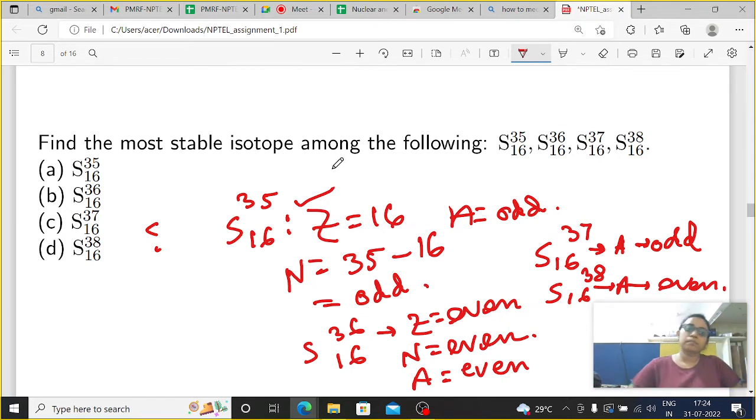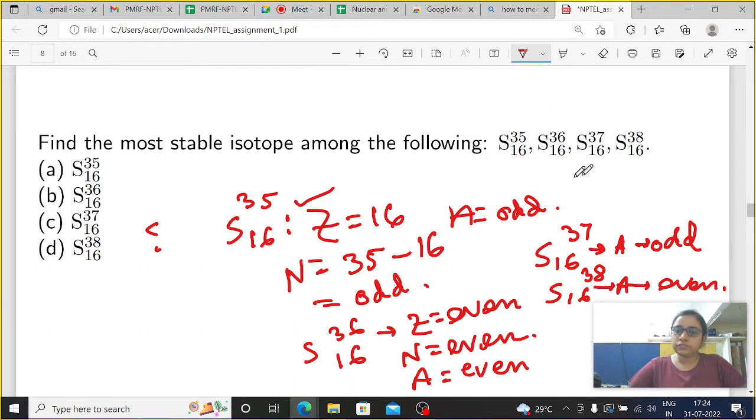So basically what will be the most stable isotope among these 4? It can be understood by the calculation, by the value of the binding energy per nucleon. Because if any nucleus has a much greater binding energy per nucleon, then it obviously is a stable isotope.